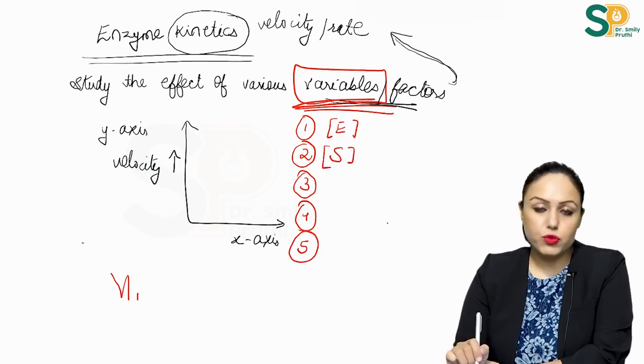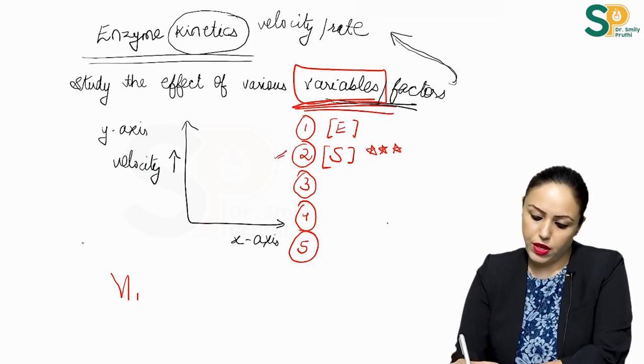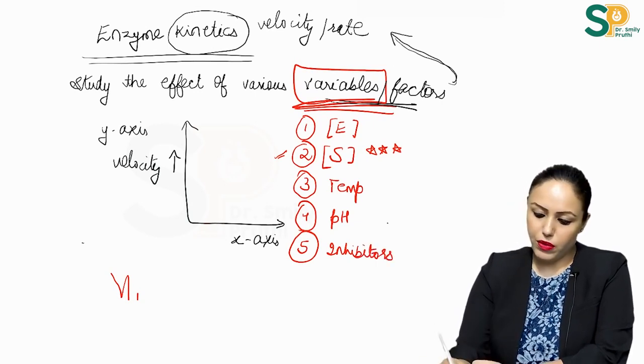Then we take substrate concentration, very, very important. There are so many questions in this point. Then we study the effect of temperature, then pH, and then inhibitors. Okay, so let's take them one by one.